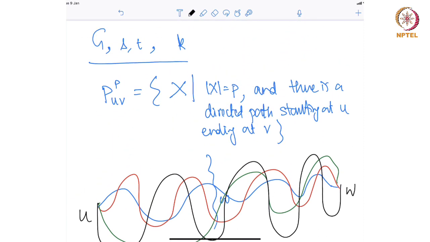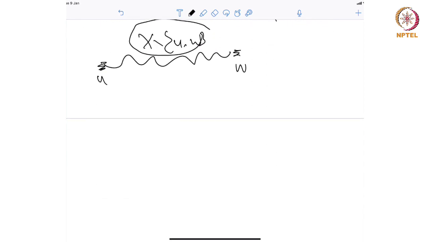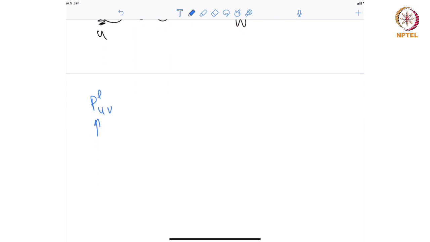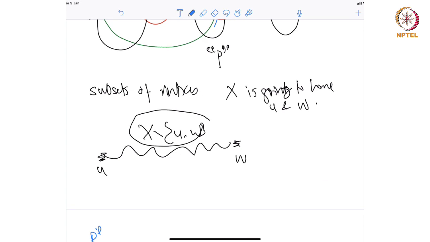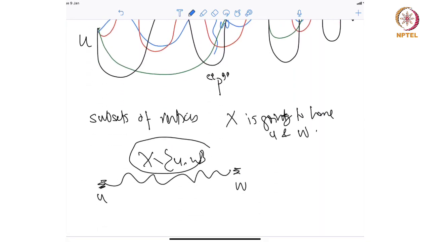So, basically you can think of this as p length prefixes. That is the whole idea, but we do not have to say this.